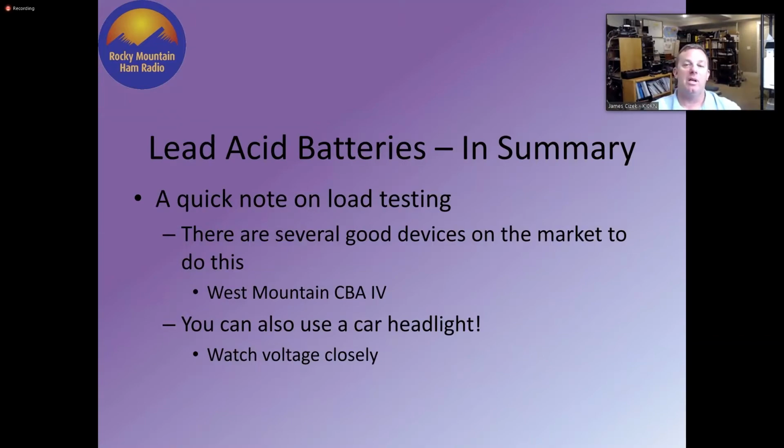There's a couple ways of load testing capacity. The West Mountain CBA, and by the way, folks, all the brands and things that I use in here, this is not an advertisement for them. I've picked them because I have experience with them and have had good luck with them. So, I'm just passing along information about that.